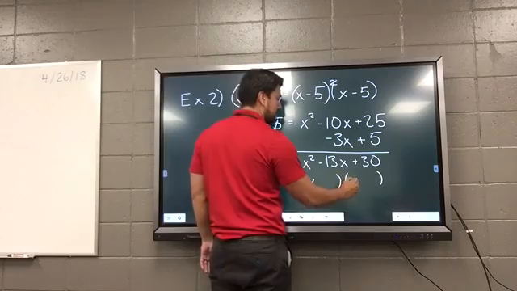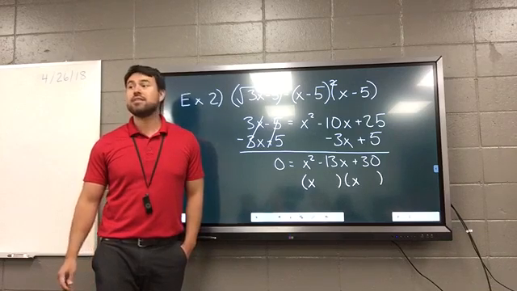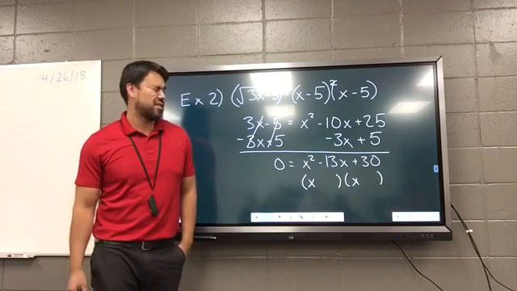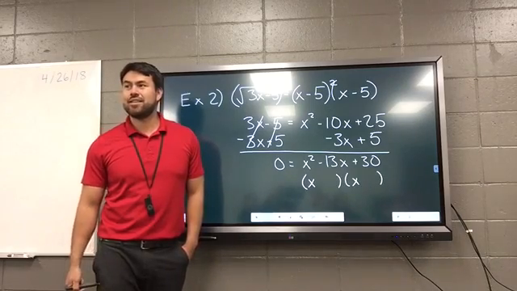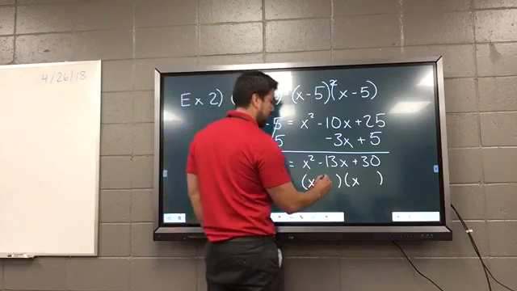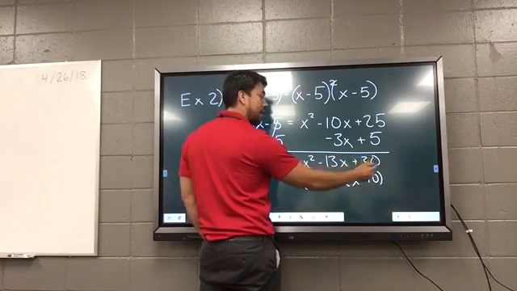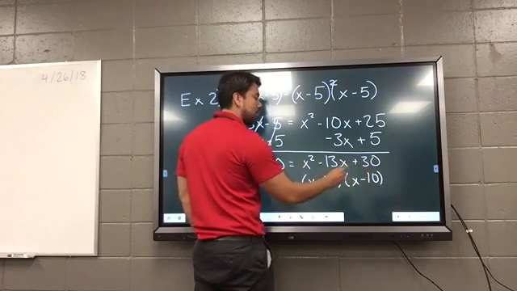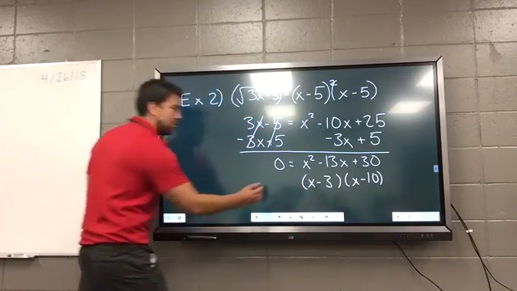You're going to get x and x. And what fits in those spots? Yep, Jenna? Negative 3 and negative 10. Negative 3 times negative 10 is positive 30, and negative 3 plus negative 10 is negative 13. So that works, and it still equals 0.